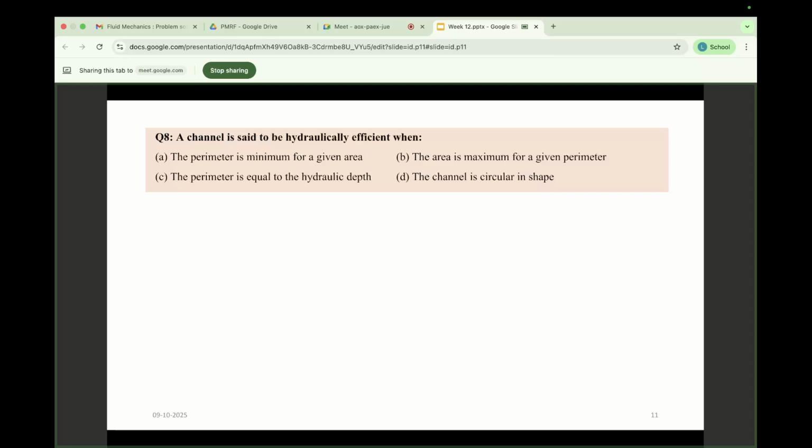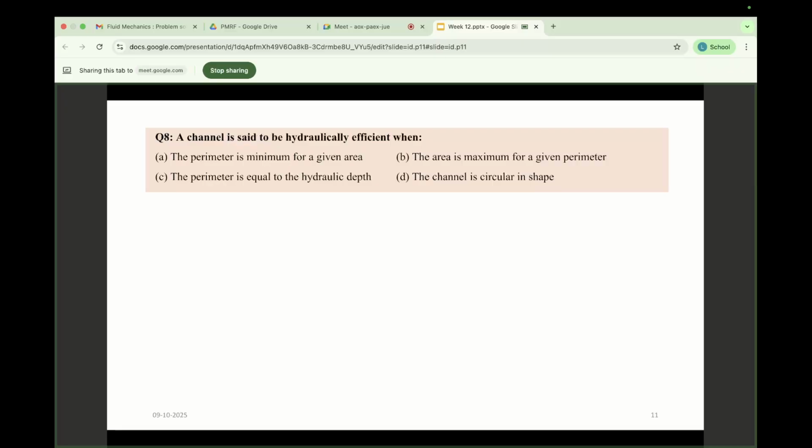So if the friction is less, the hydraulic efficiency will be more, right? So this depends on the friction, which is the main factor that conveys information about hydraulic efficiency.